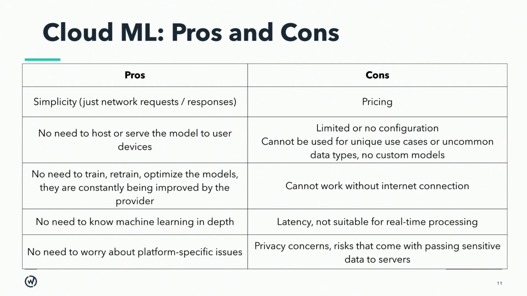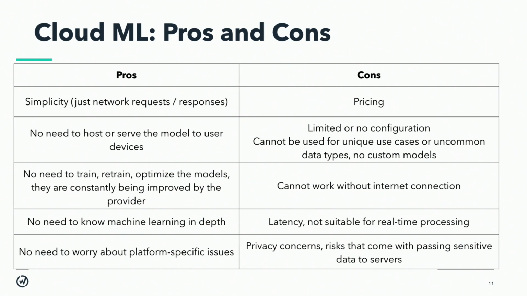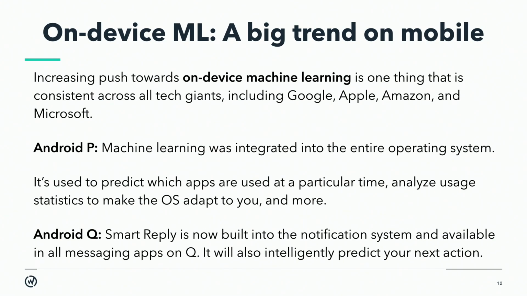There's also an issue of latency, so it's not really a good choice for real-time processing apps, because it takes time to make the request and then handle the response, and your users most surely will notice it. And finally, there are also some privacy concerns, because if you're passing sensitive data to the servers, there's a risk of that data being stolen. So this is where on-device machine learning comes in, and in this presentation, we're going to focus on that more.